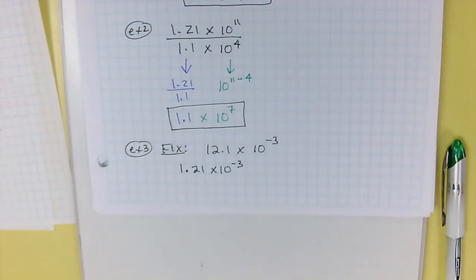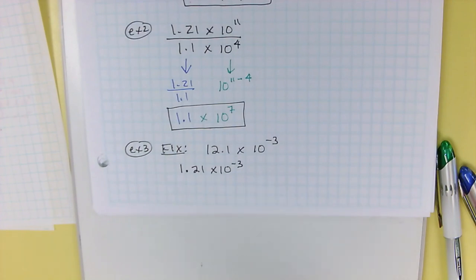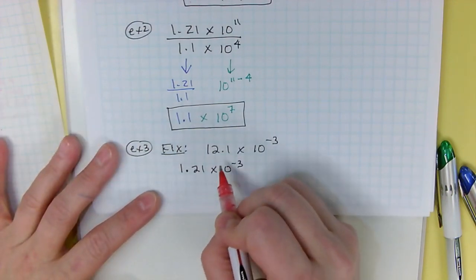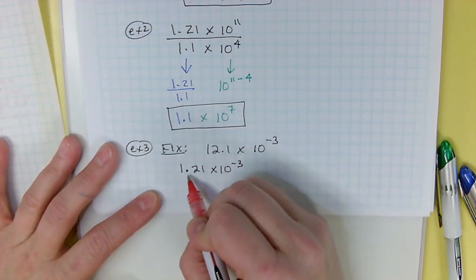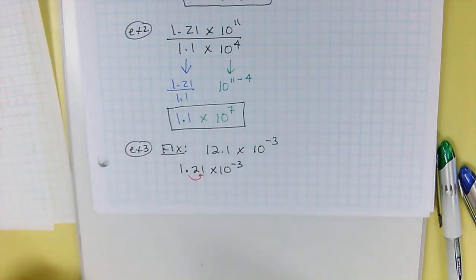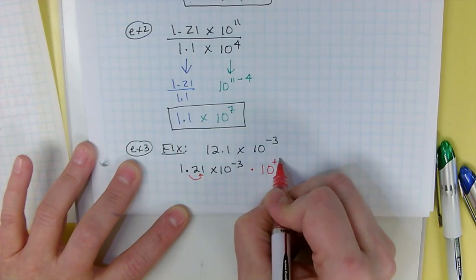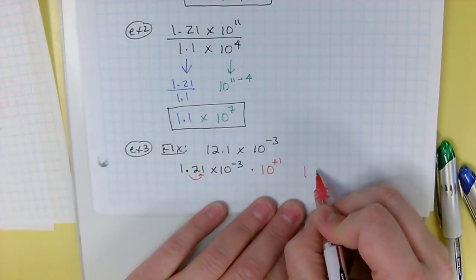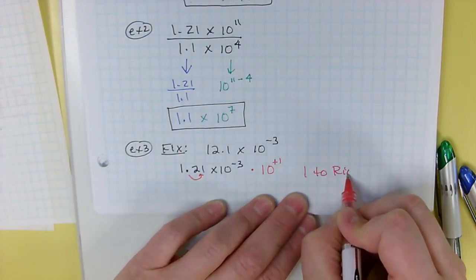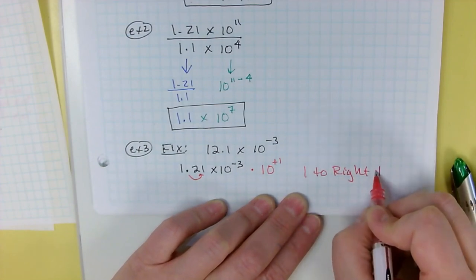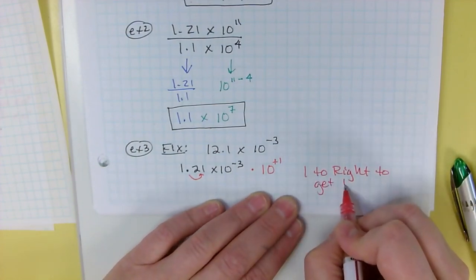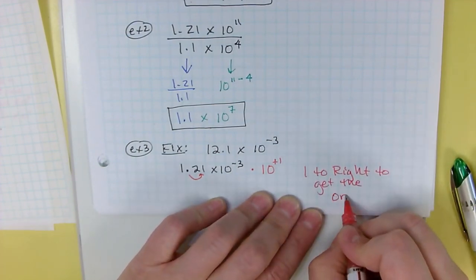And now I got to figure out, what do I need to go back to where I started? So the decimal was here. So to get back to it, I have to go 1 to the right. So I'm going to multiply by 10 to the positive 1 because I have to go 1 to the right to get the original number.